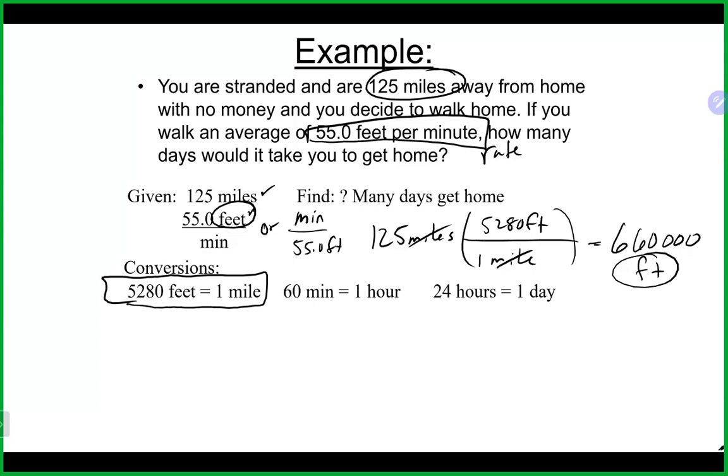3 sig figs. Although we used our entire number here because we talked about not rounding until the end. Technically speaking, if we wrote this number correctly, it should actually have 3 significant figures, right? It doesn't, but it should. And that means that when we get to our final evaluation, we should actually end up with 3 significant figures, not 2 in this case.